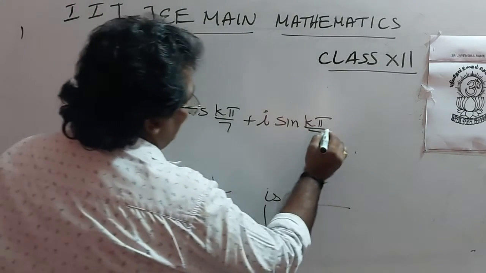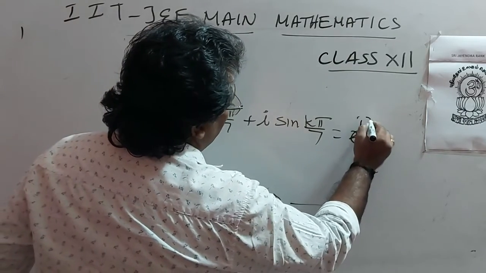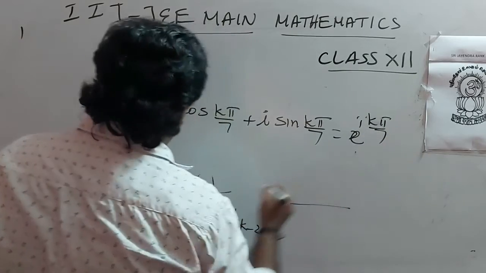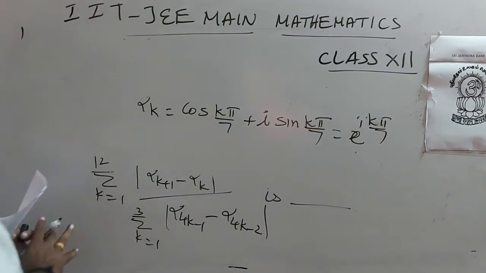So alpha k is given, this can be e power i k pi by 7.